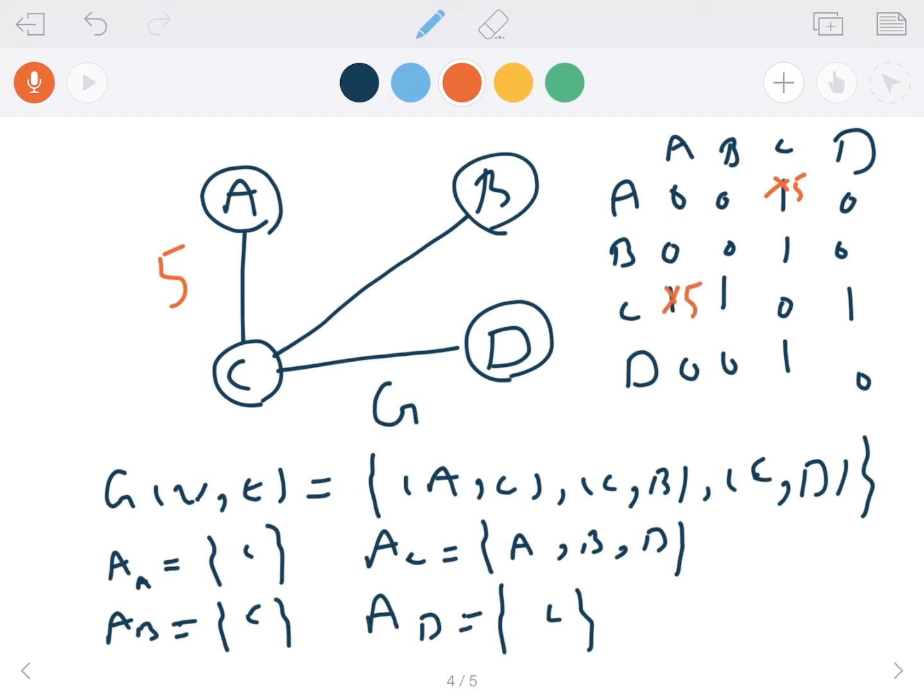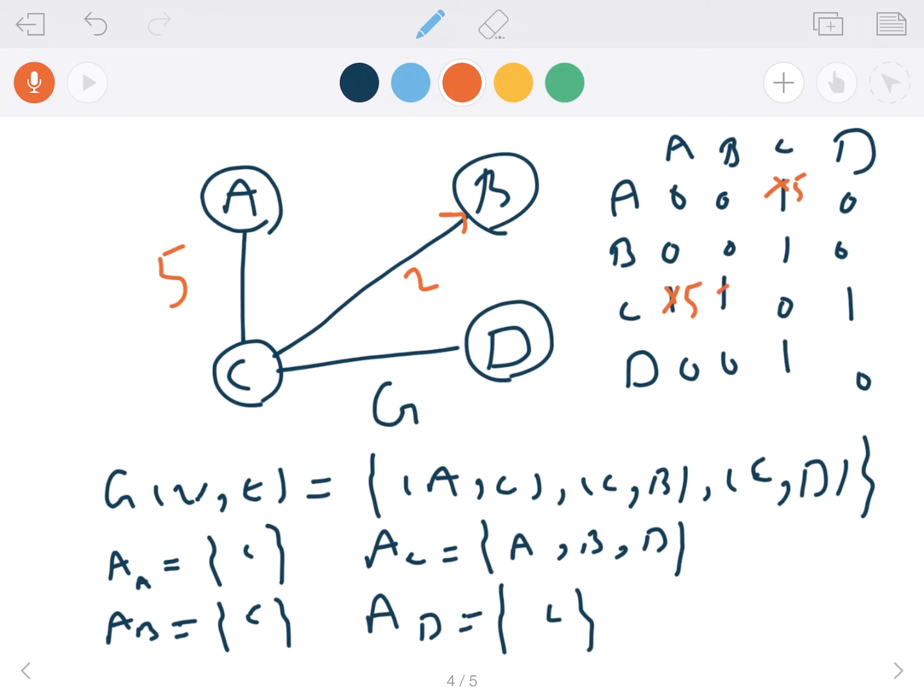If our graph is directed, let's say that we have an edge from C to B and the cost is 2, so I'm going to update C to B to 2 here.